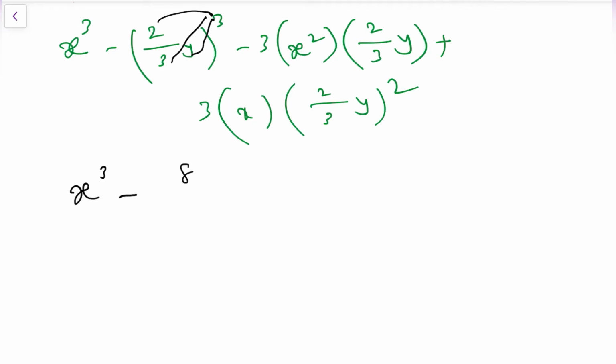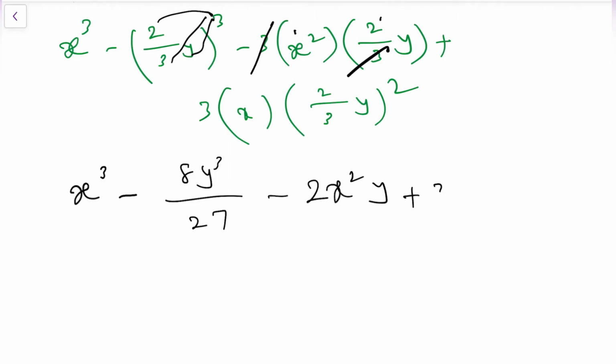So 2 cube 8, y cube by 3 cube 27, minus 3 into, sorry, no need of 3 because it will get cancelled. Here 3 will get cancelled, then we remain with 2 into x square into y, 2x square y.